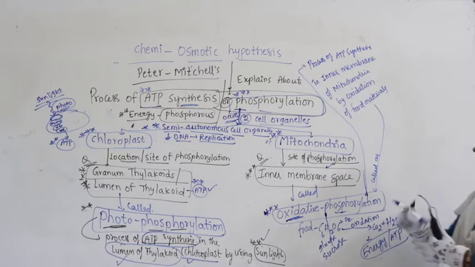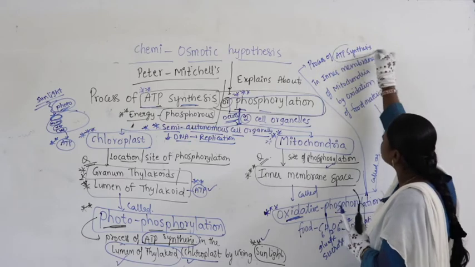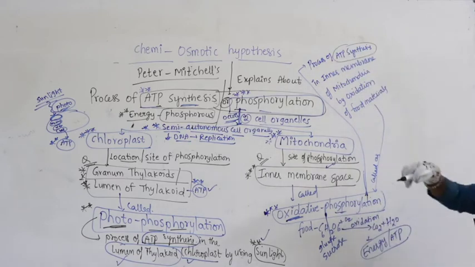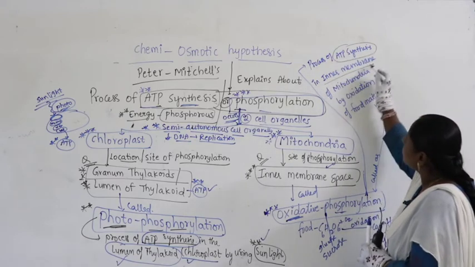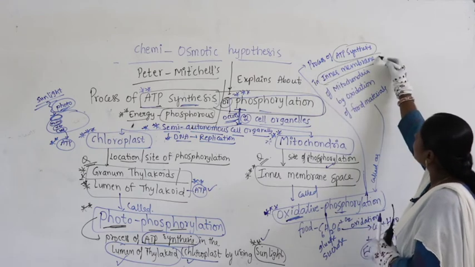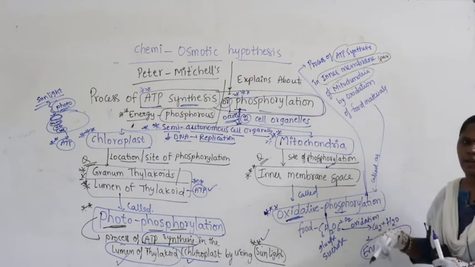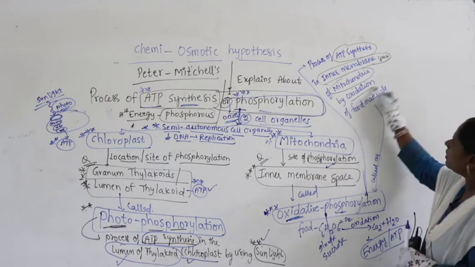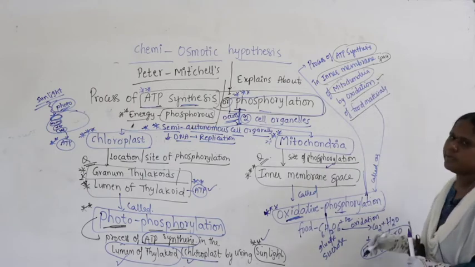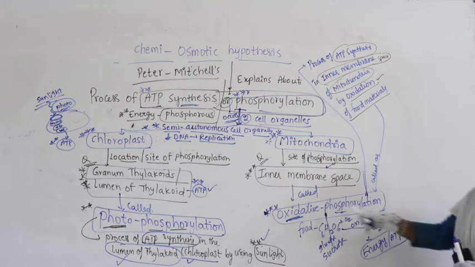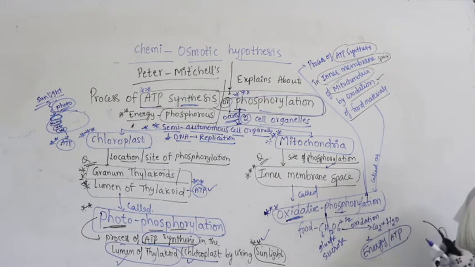Why? Because we are speaking about phosphorylation, that is nothing but ATP synthesis. The site is very important: inner membrane space of which cell organelle? Mitochondria. And how? By oxidation of food materials, itself is called oxidative phosphorylation, right.